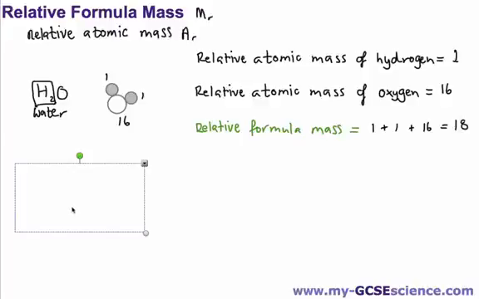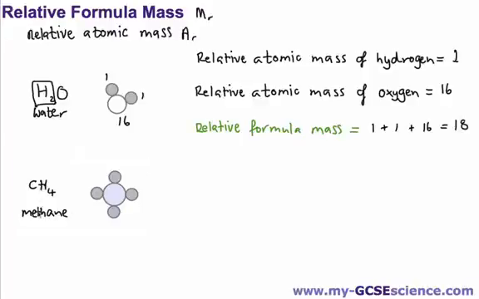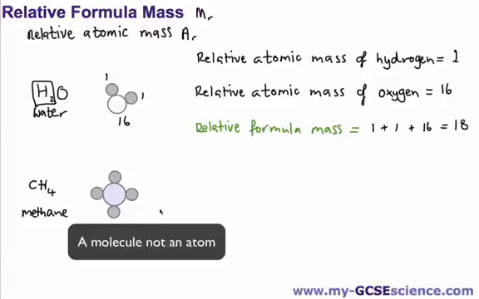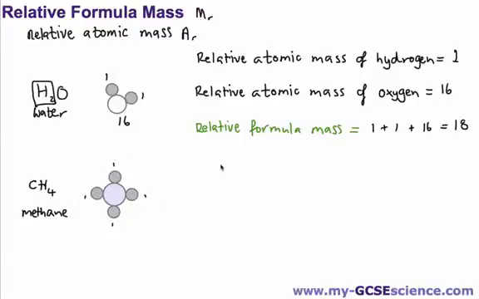Here's another example. Here we've got methane, which is CH4. Remember, the 4 is linked to the hydrogen, so we have 4 hydrogens, so we've got 1, 1, 1, 1. What is it for carbon? They do give it to you in the question, so I'm going to do the same. I've abbreviated it here as Ar, remember, that's relative atomic mass. For carbon it's 12, and for hydrogen it's 1, so we've got 12 for the carbon and 1 for each of the hydrogens.